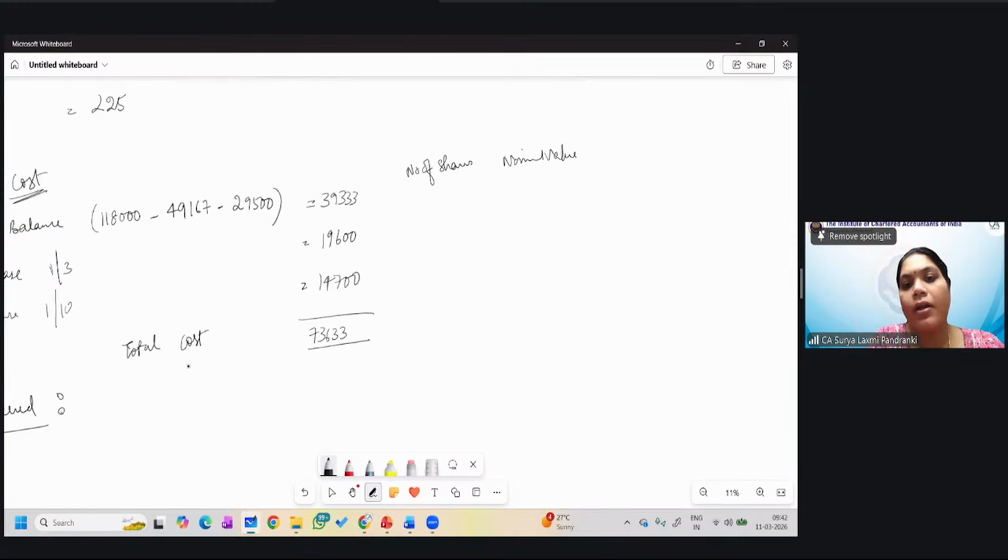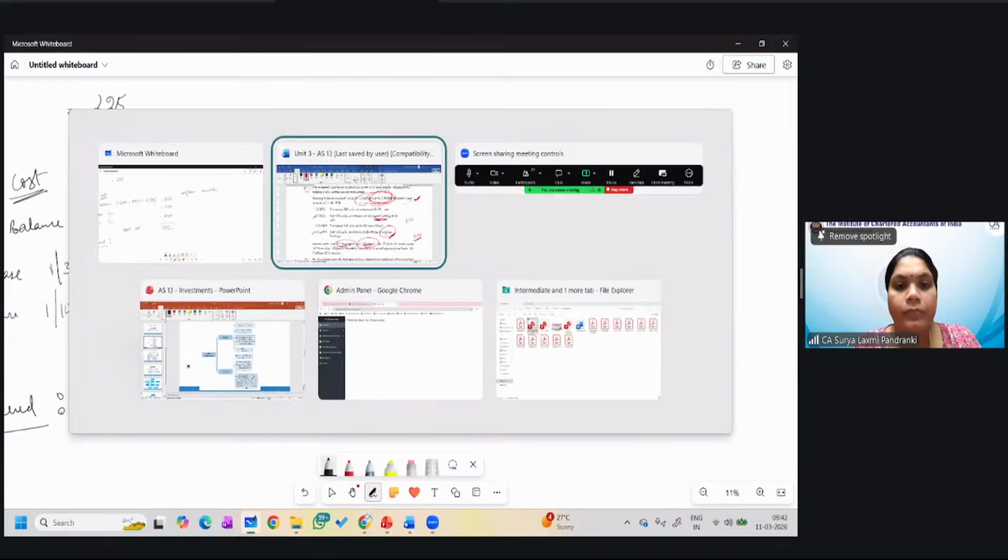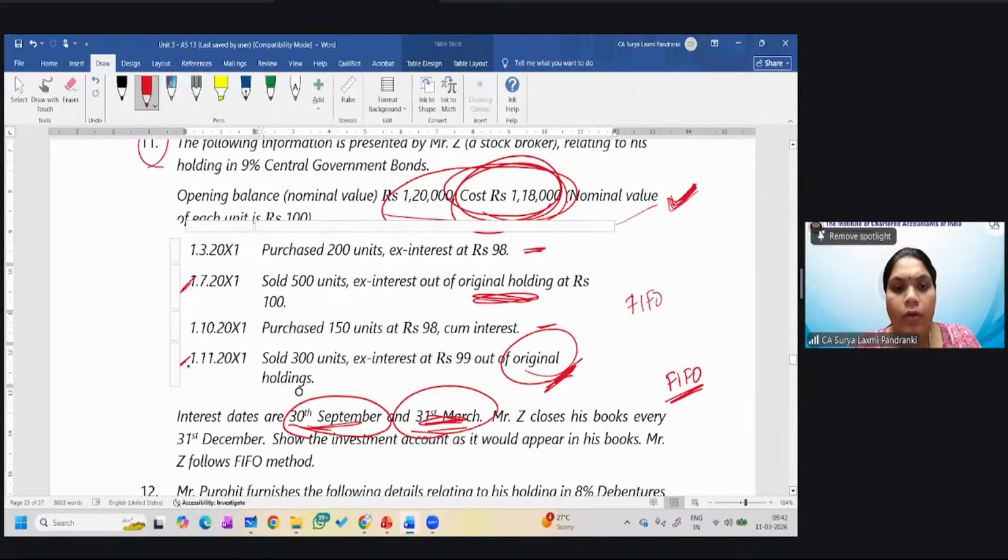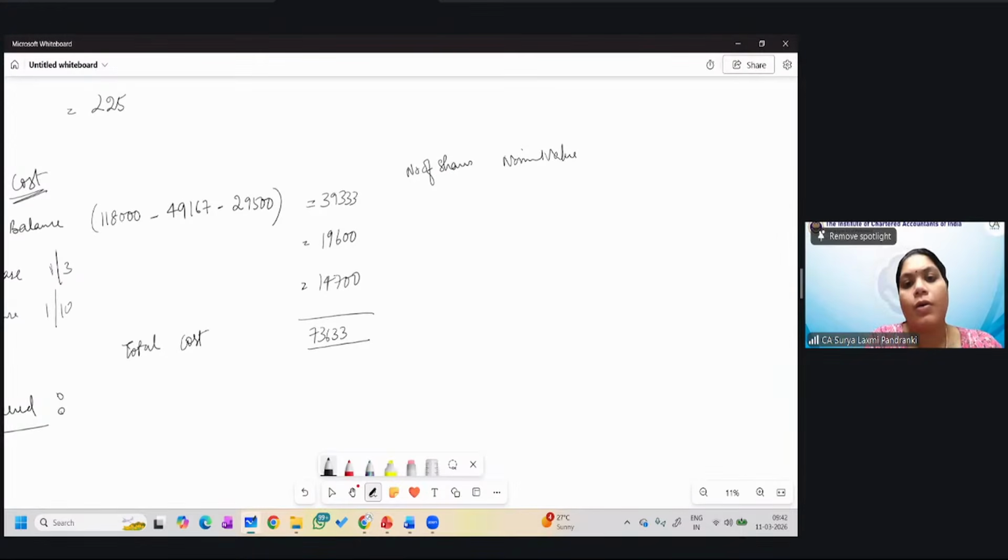Opening May we had 1,200. Out of 1,200, how many did we sell? The first initial sale was for how many shares? 200, 500 and 300. So out of 1,200 we sold 500 and 300. So 800 were sold, no? So 400 are left. Agreed?